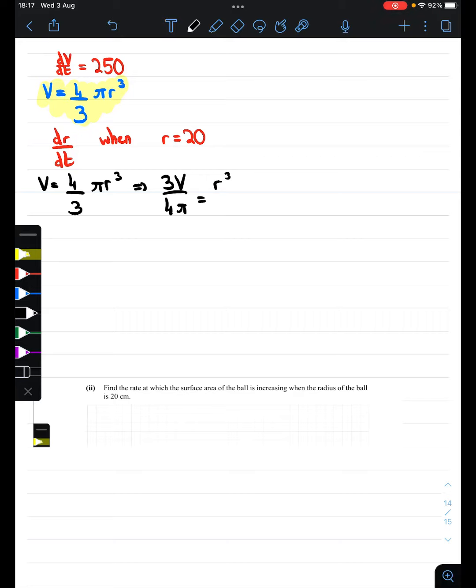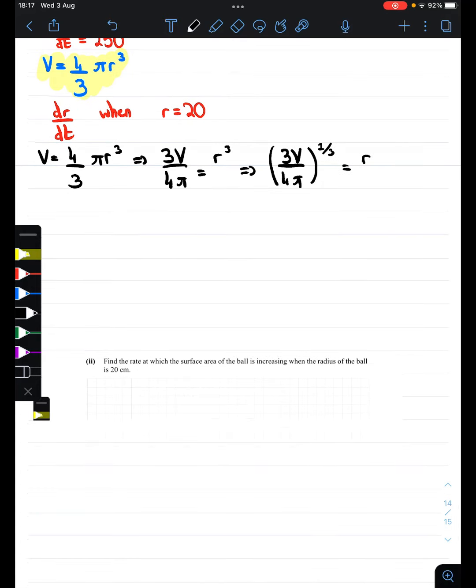Now we almost have r by itself. So if we cube root both sides, then we'll get the cube root, or just the power of a third, of 3v over 4 pi is equal to r cubed to a third, or the cube root of r cubed, which is of course just r.